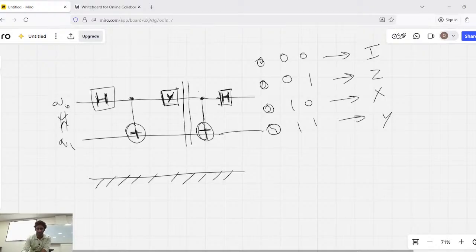And then he will simply measure it. Got it? So after applying the C naught gate and then the Hadamard gate, he will simply measure that particular qubit.